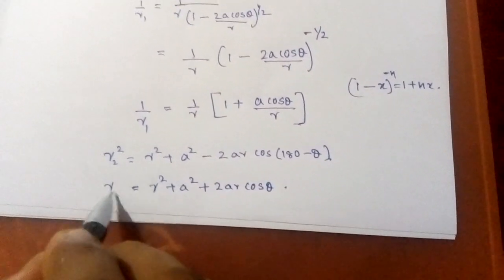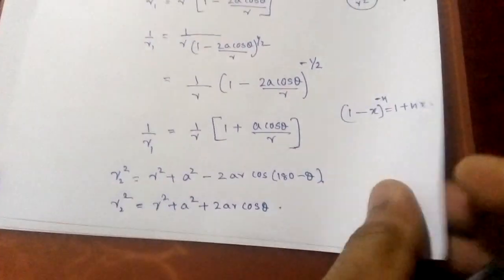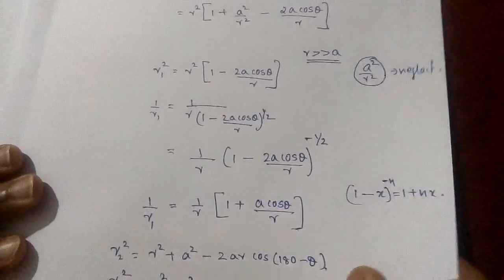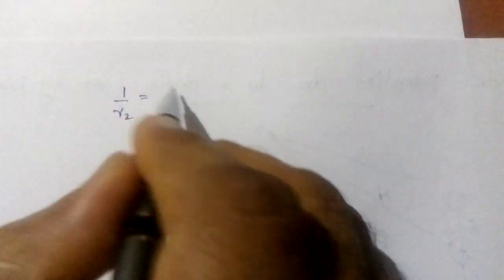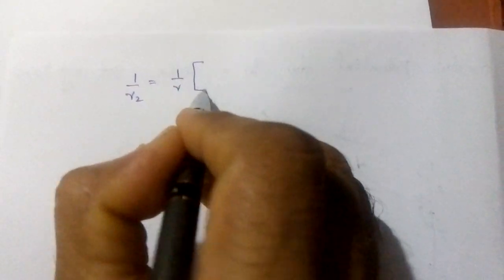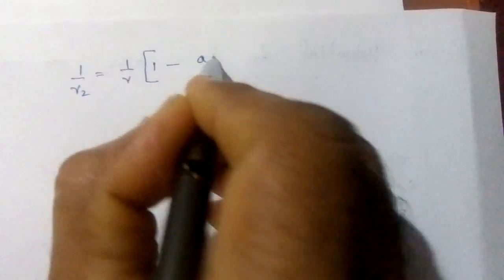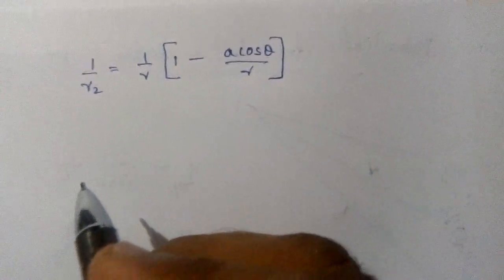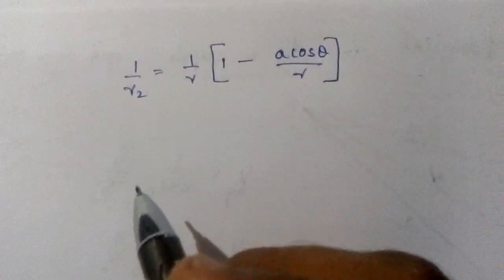Using the same method, we get 1 by R2 equal to 1 by R into (1 minus A cos theta divided by R).